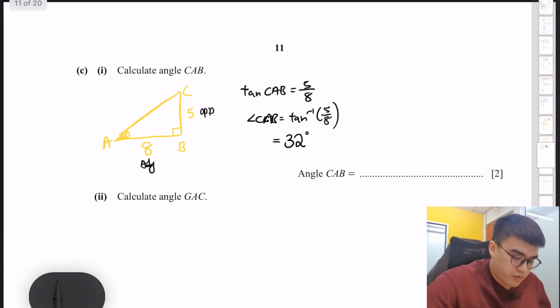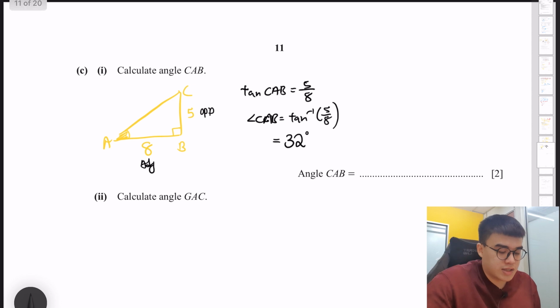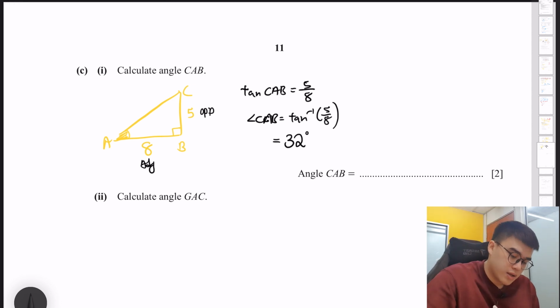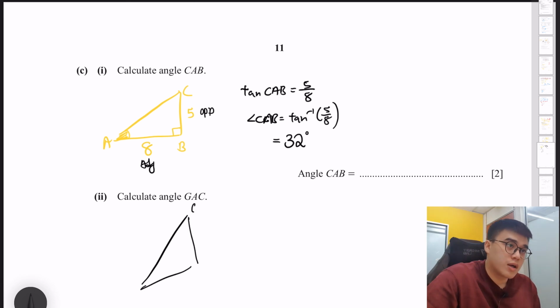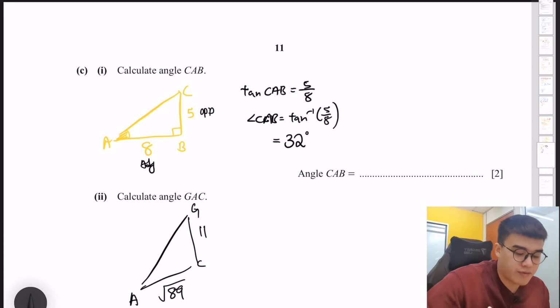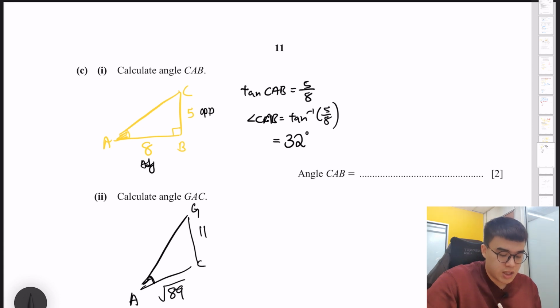Moving on, we have GAC here that they wanted to find. Okay, like what I said, we already have the information that we needed. G, C, and I have A right over here. AC we got as square root 89. GC is actually the 11 that was given to us. So same thing, it will also be a 90 degree angle.